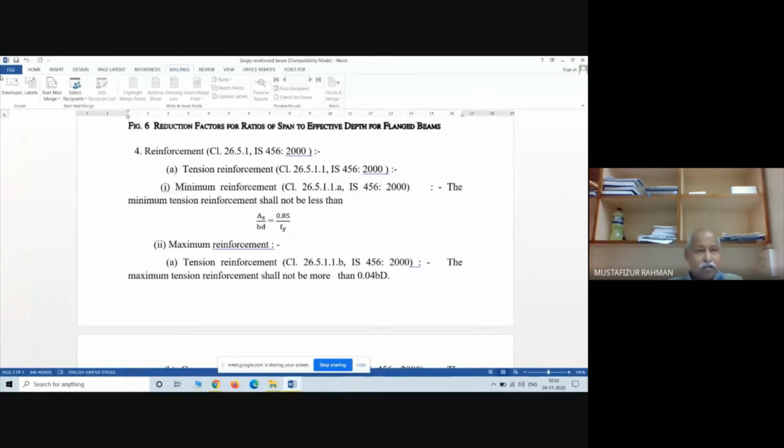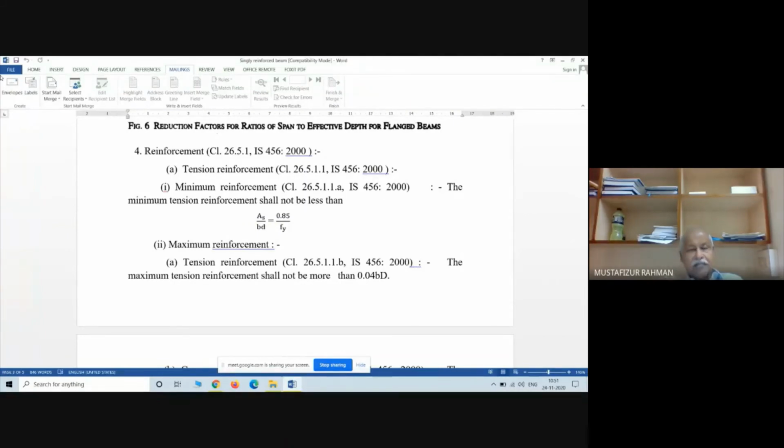One cause is that the number of bars may be too high, which may not be possible to accommodate in the width. A situation may arise where all the rods come in touch, so no concrete will be able to get between two bars. We may have to provide different layers.